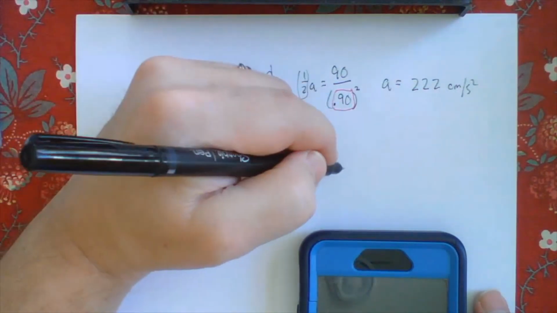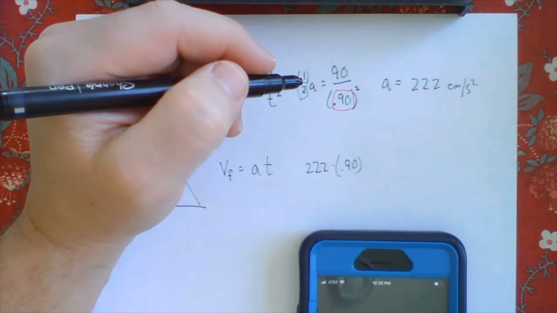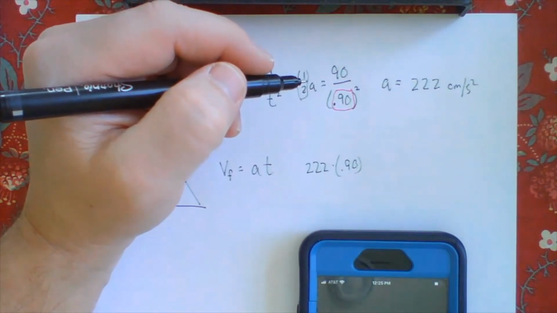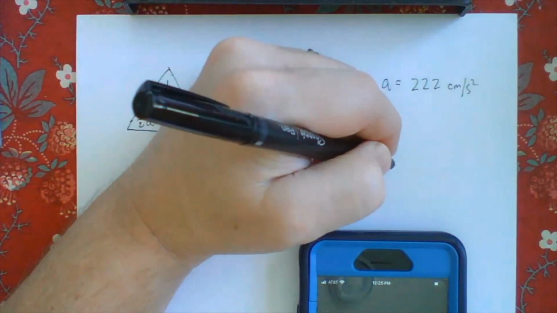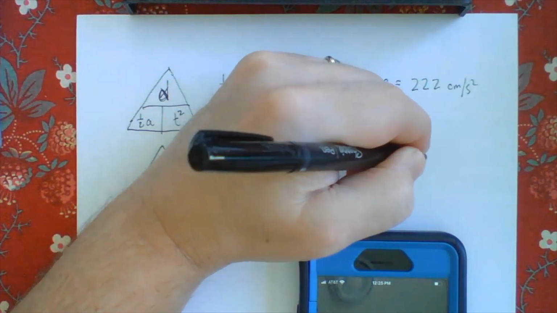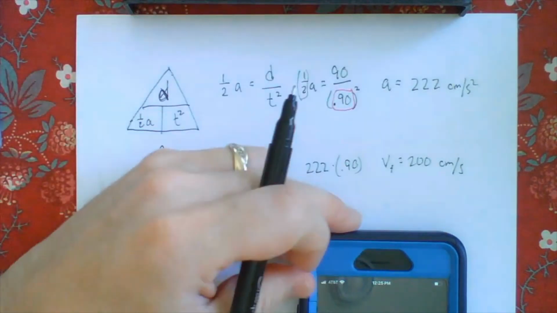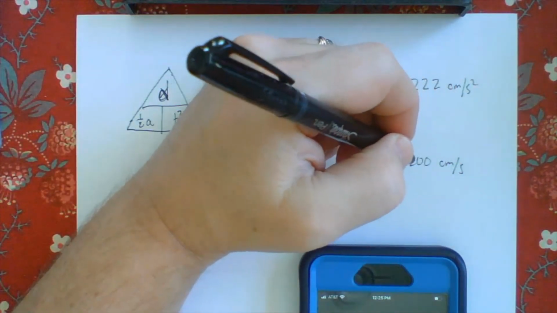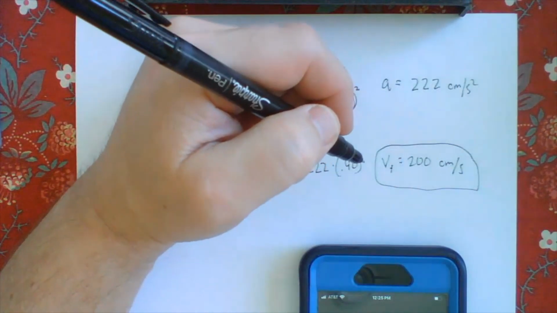My time was 0.90 seconds. So I'm just going to times that by 0.9, and that comes out to be that my final velocity is 200 centimeters per second. So I'm going to go through and find out all those velocities, and then I'm going to average those velocities on the data table.